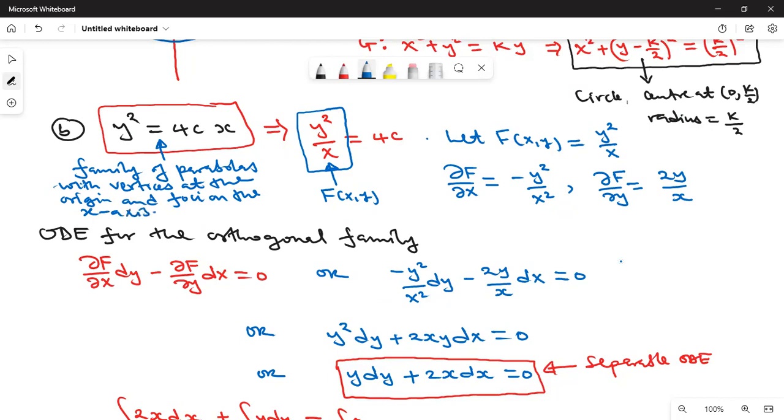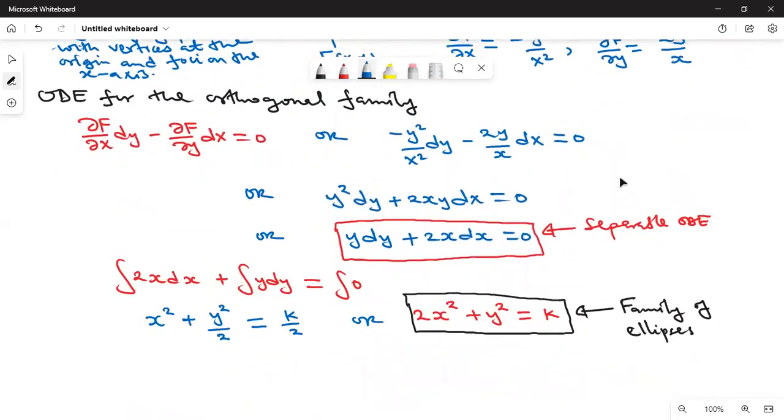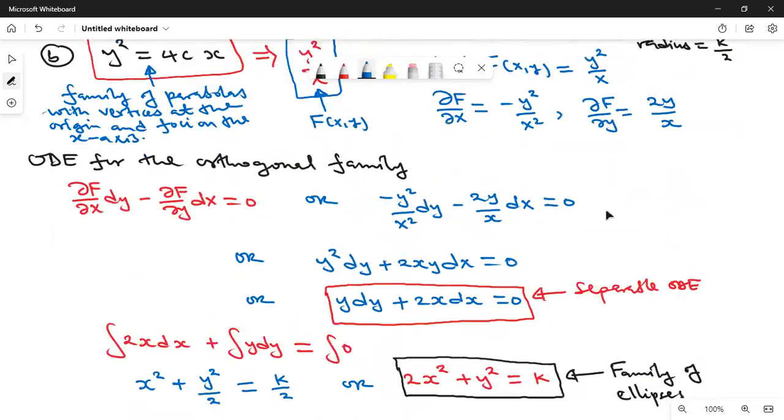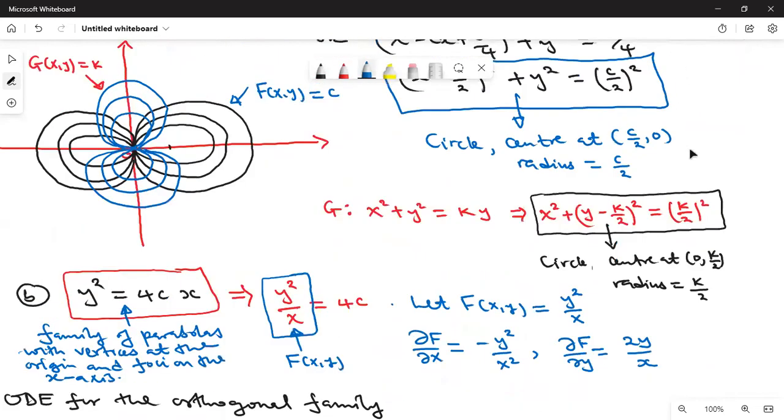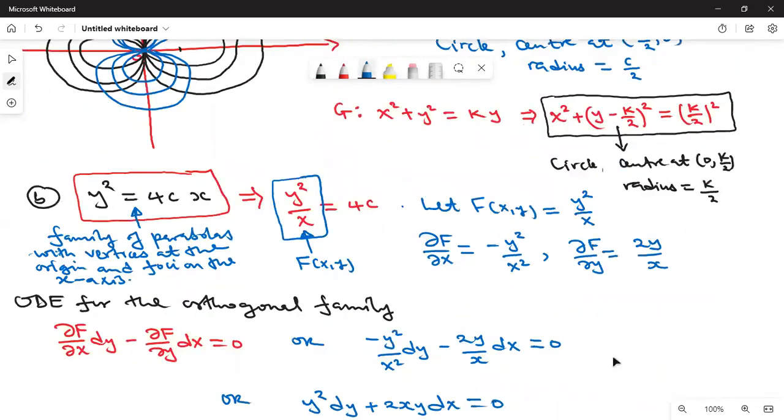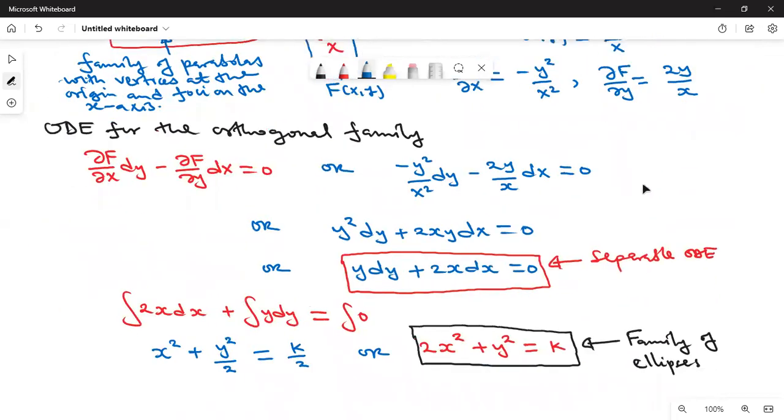So that means those parabolas are orthogonal to this family of ellipses that you found there, and you can also sketch those two families. So that's how to find the orthogonal trajectories.